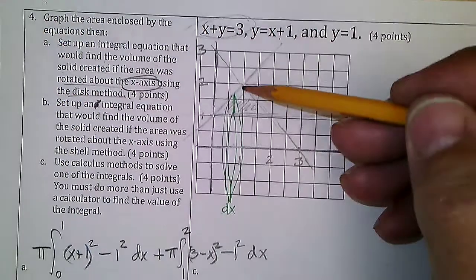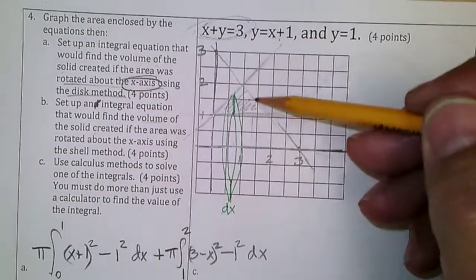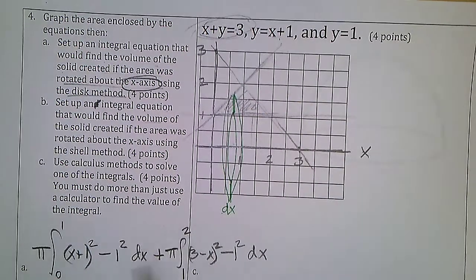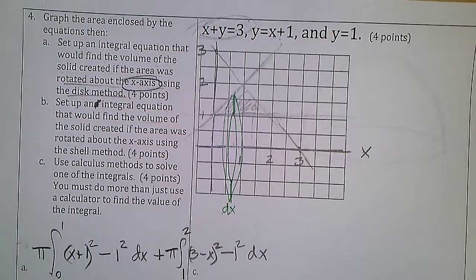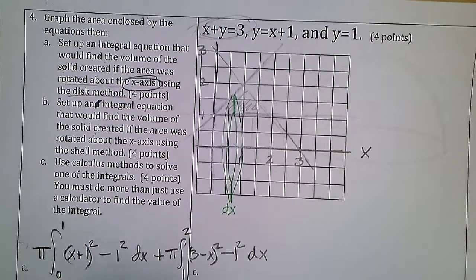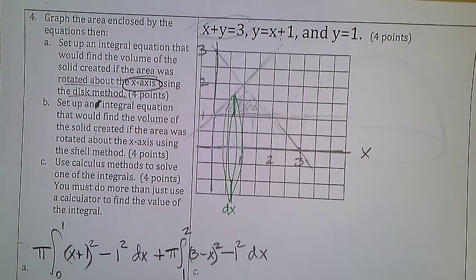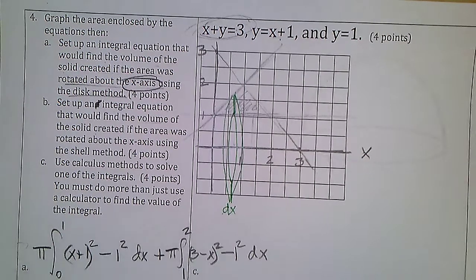Now, we can clearly see that this is the same as this, so we could have just taken the first one and doubled it by the symmetry and gotten the volume of the ring. So we could say this is just 2 pi integral from 0 to 1 of (x plus 1) squared minus 1 dx.